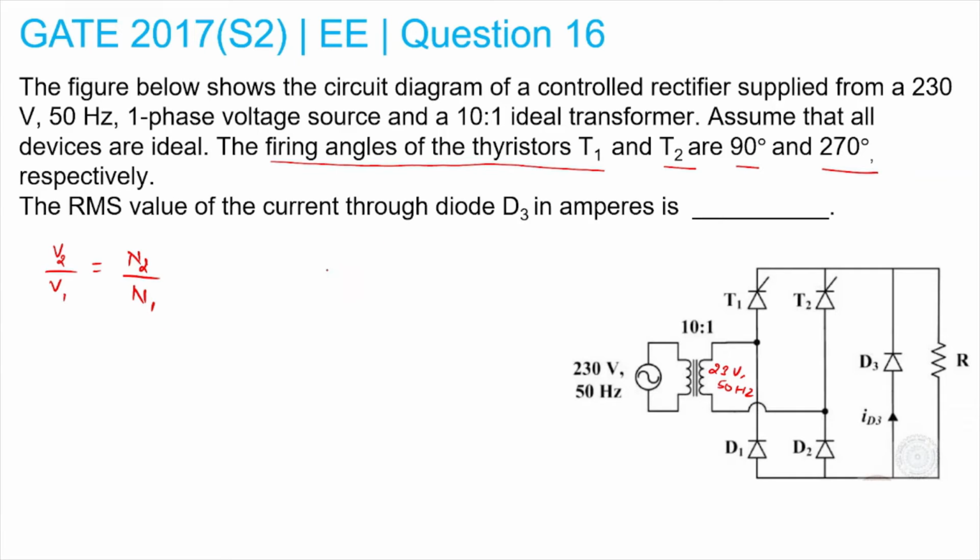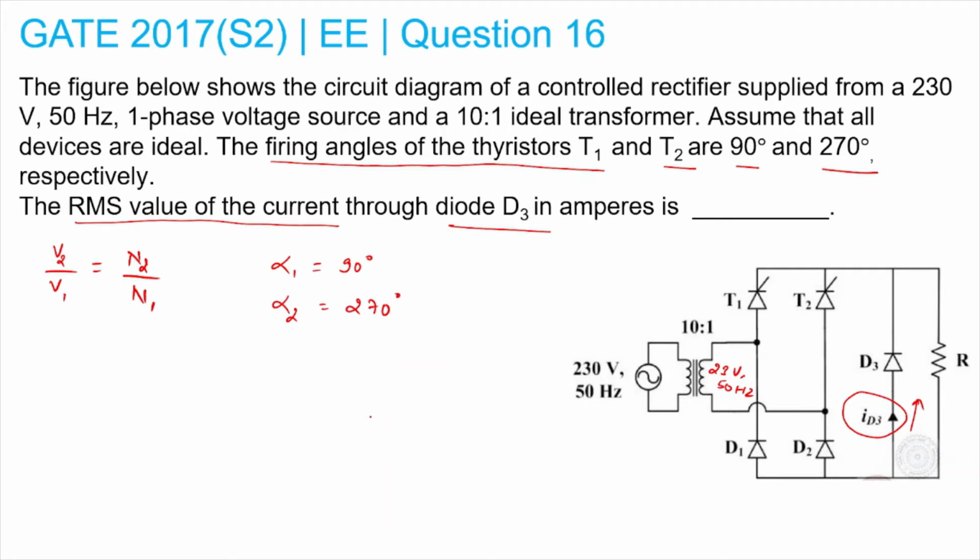So alpha 1 is 90 degree, alpha 2 is 270 degree. Now we have to calculate the RMS value of current through diode D3, that is, the RMS current of ID3.